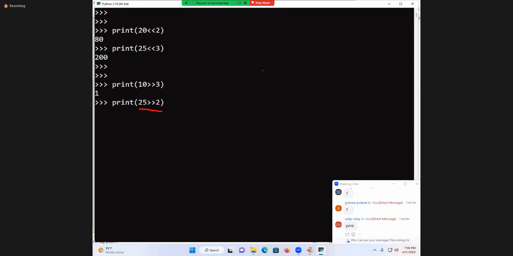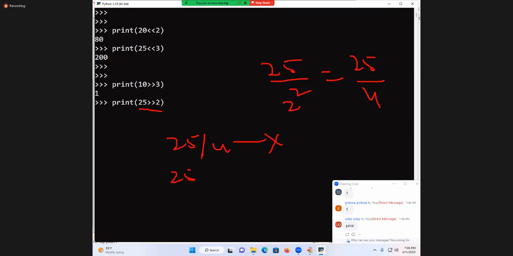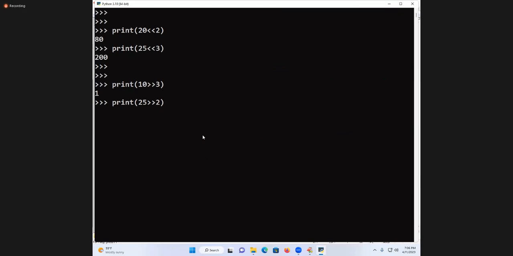The right shift formula is 25 by 2 square, 25 by 4. Single slash 4 or double slash? What is the answer now? 6 is the answer. 6.25 is not the answer. Take care.